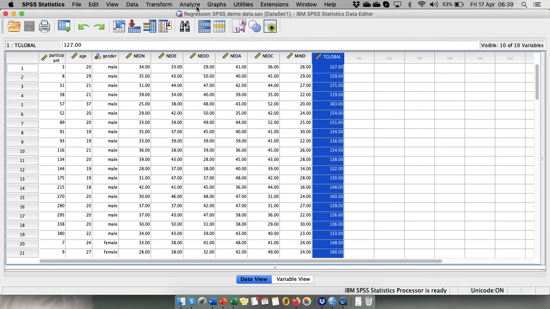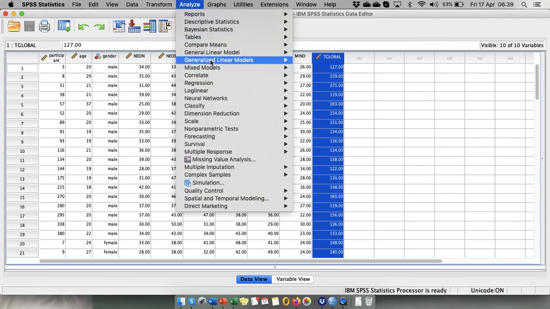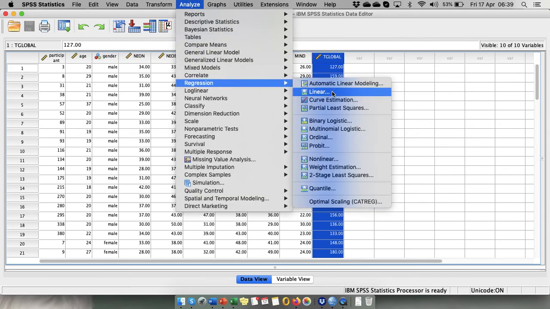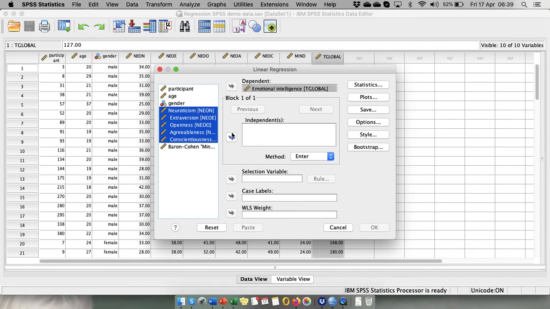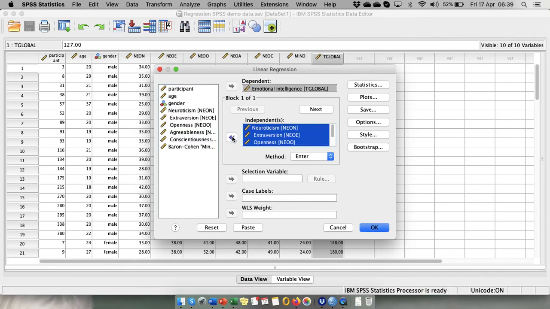To compute regression, you go to Analyze, Regression, Linear, and you allocate your dependent variable, which is in our case emotional intelligence, and you put all your predictor variables, or all your independent variables, into the independent variable box.